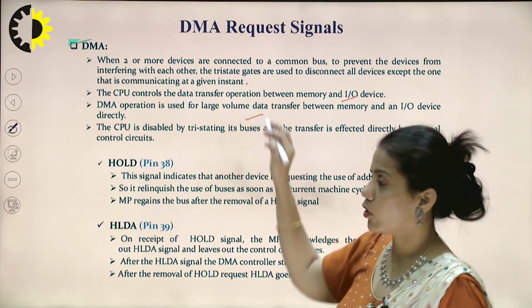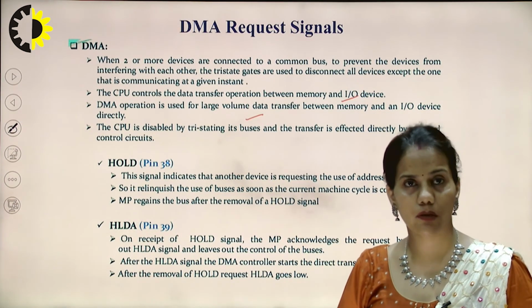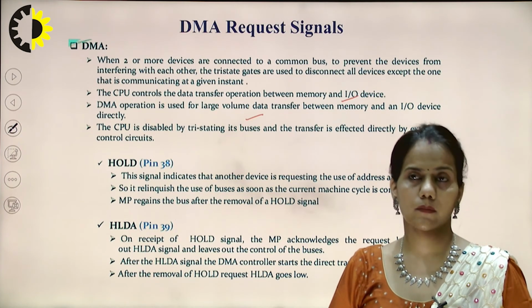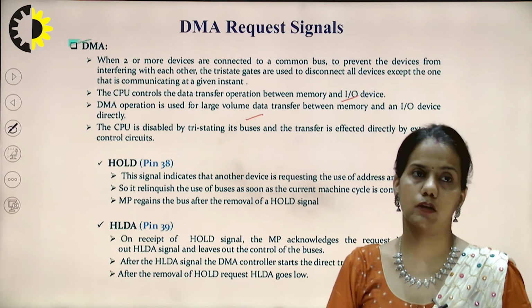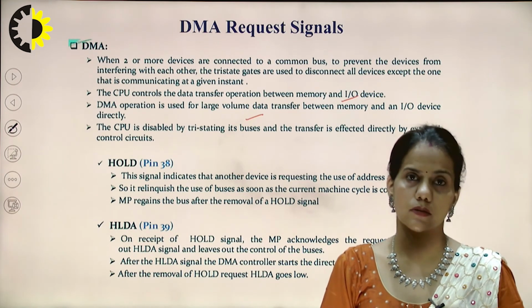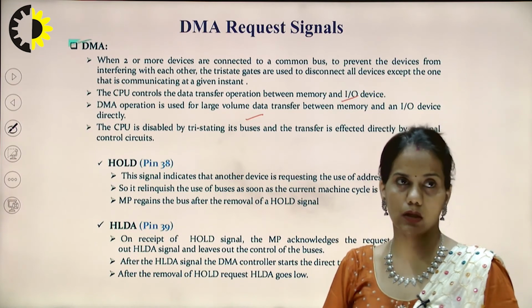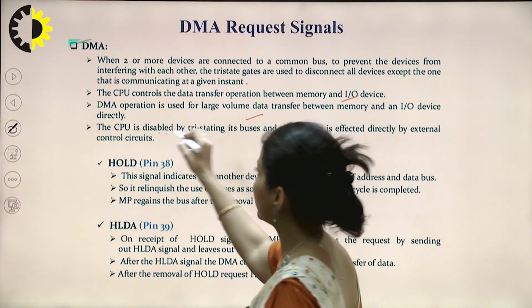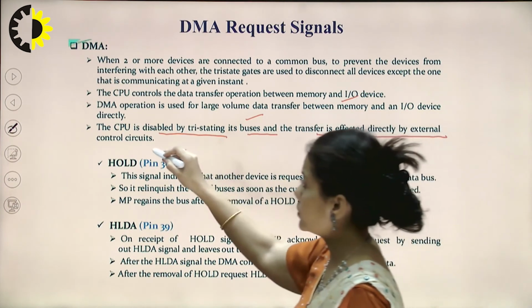In the DMA operation, the peripheral devices can access the memory without the CPU intervention, and this is how the peripheral devices can be directly connected to the memory and directly access it. So this is why it is known as direct memory access, DMA. The CPU is disabled by tri-stating its buses and transfer is effected directly by external control circuits.